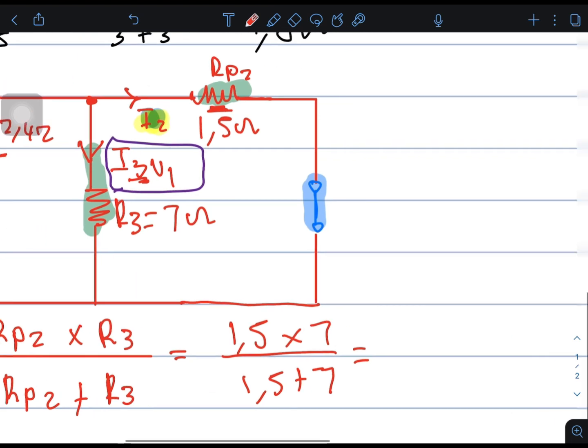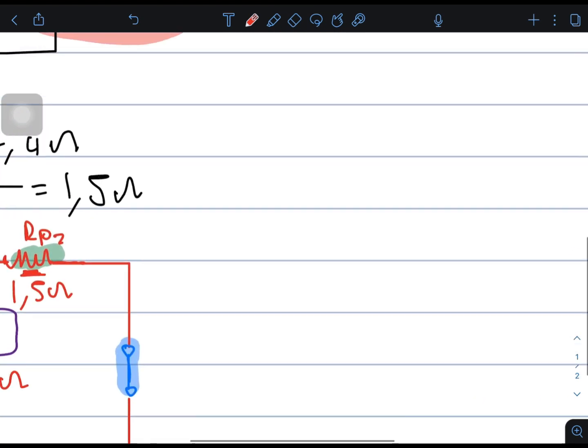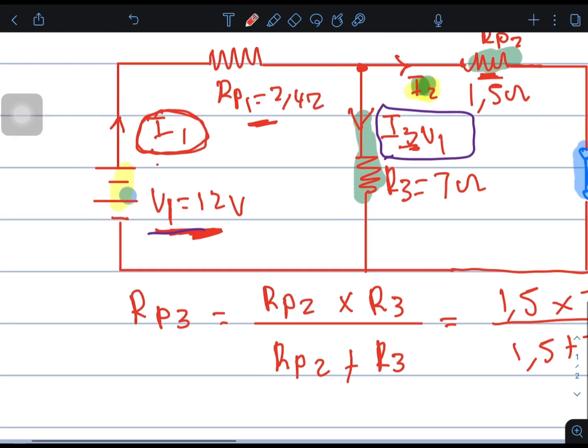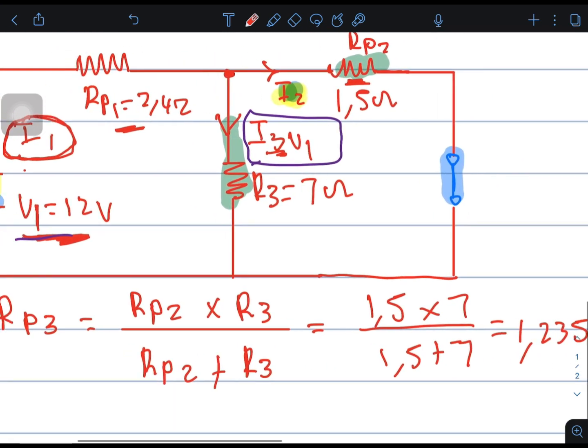Let us punch that on our calculator. That is 1,5 times 7 over 1,5 plus 7, which gives us 1,235 ohms. Okay, we have found RT. Actually, I'm making a mistake. We just found the parallel section.